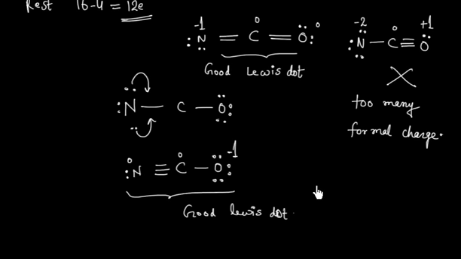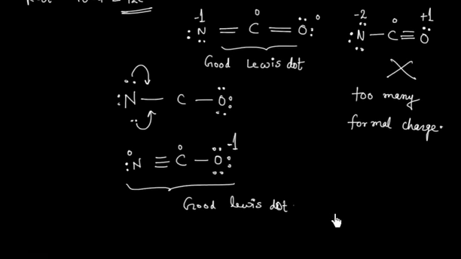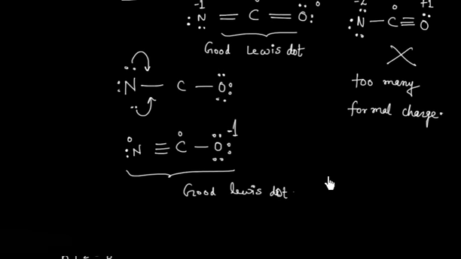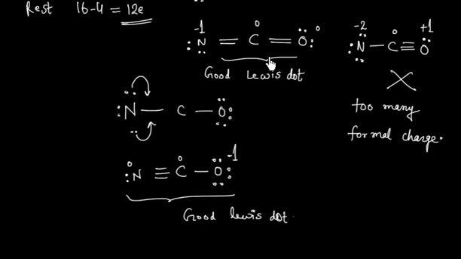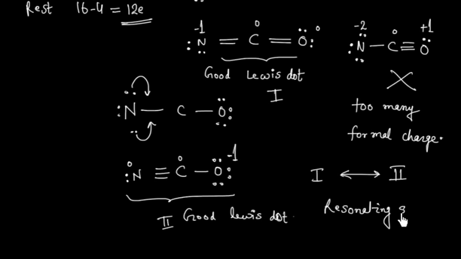For our case right now, we can say these are the two possible Lewis dot structures, Lewis dot structure 1 and Lewis dot structure 2, and 1 and 2 are resonating structures. So we will stop here, and we'll do some more problems related to Lewis dot structures in the next video.